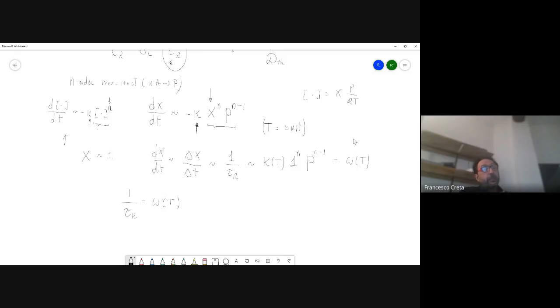Well, that's pretty arbitrary. We can write down, for example, the highest temperature, which is the most logical choice. So we assume T equals TB.